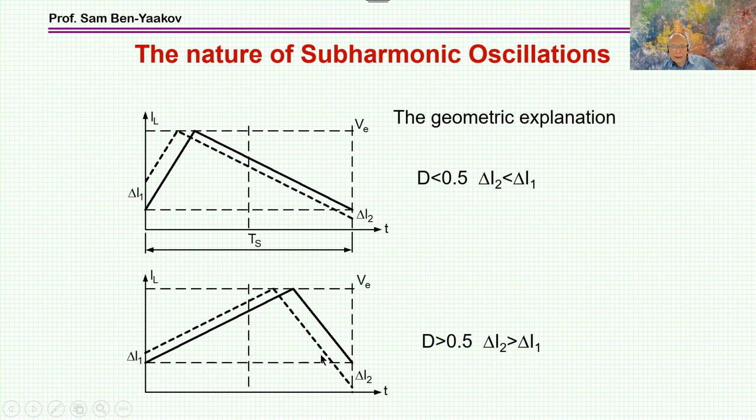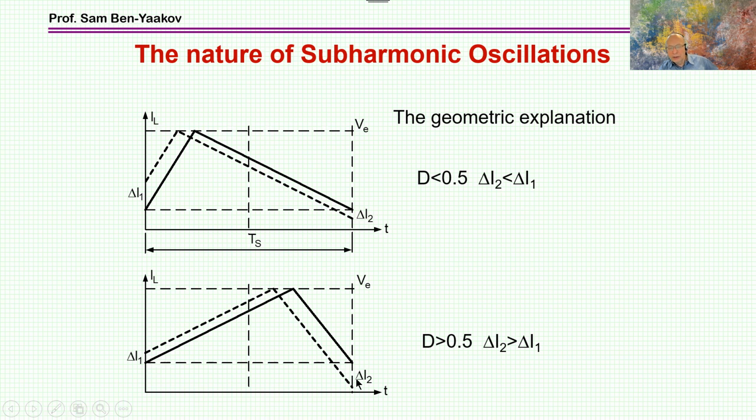On the other hand, if you are at a duty cycle which is larger than 0.5, here it is, this is the duty cycle, and you have the same disturbance, you end up with a disturbance which is larger than the one you started.